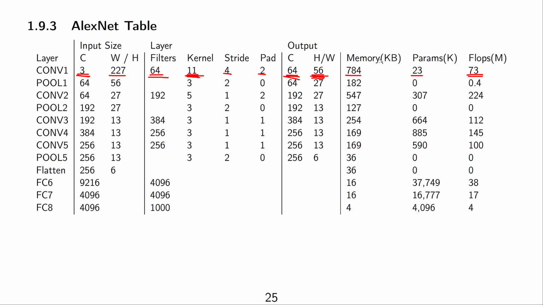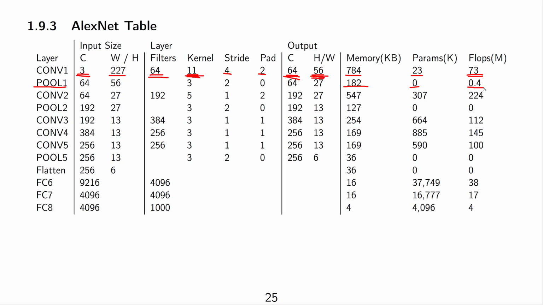By contrast, let's try out a pooling layer, and in a pooling layer we still have a significant amount of memory, so the memory is reduced because the pooling layer reduces the spatial resolution. But we have 0 trainable parameters, so the pooling layer is just a hard-coded computation, nothing to be trained, and the number of megaflops is pretty small, 0.4 approximately.